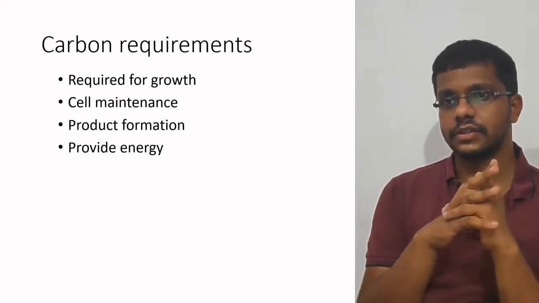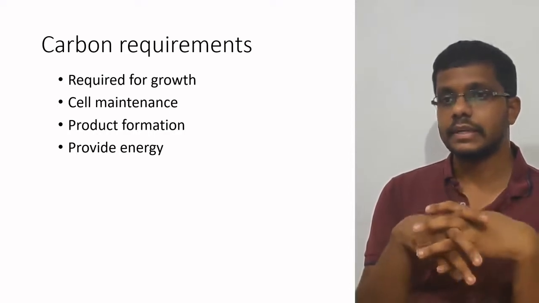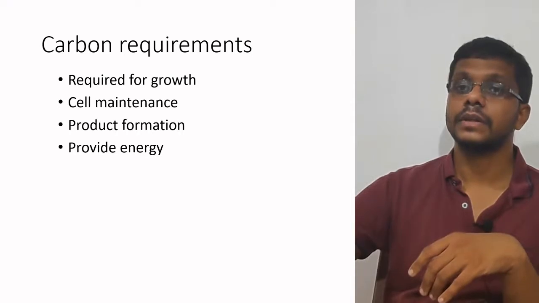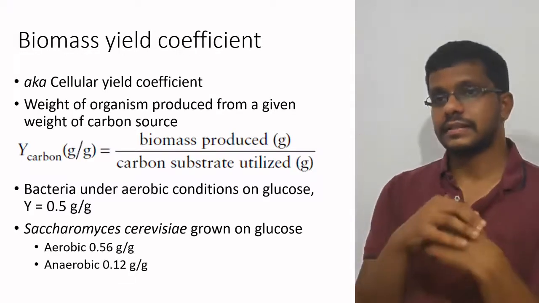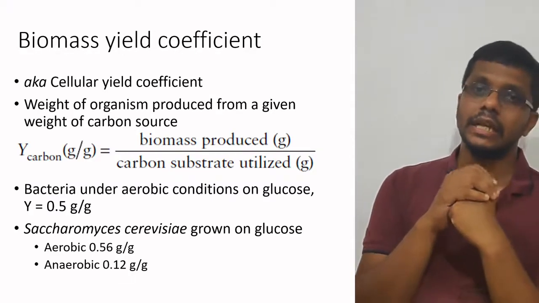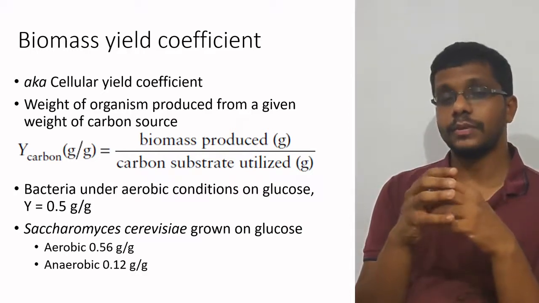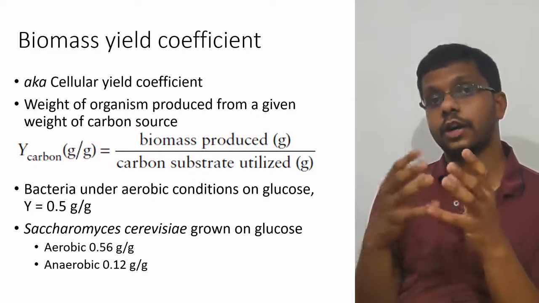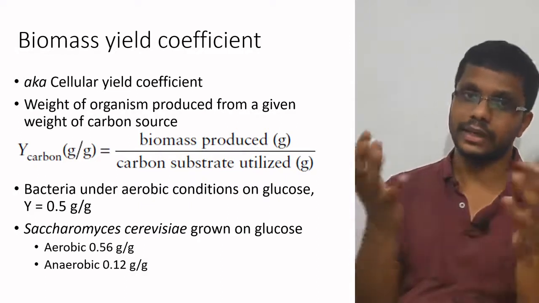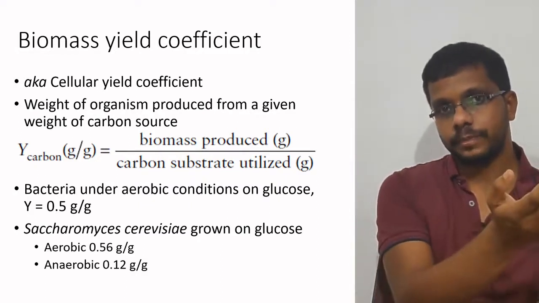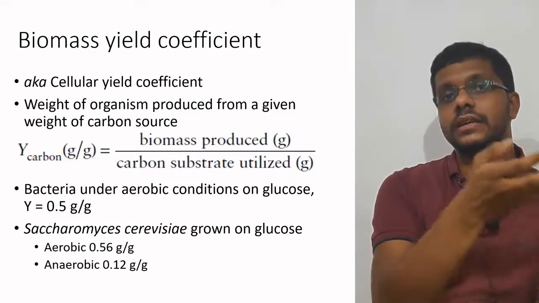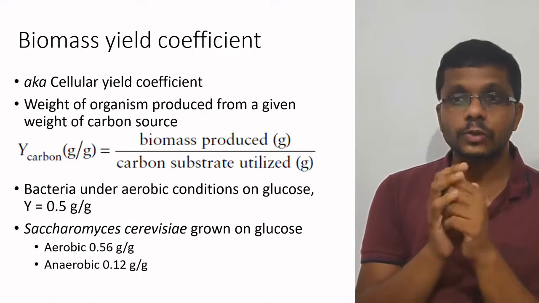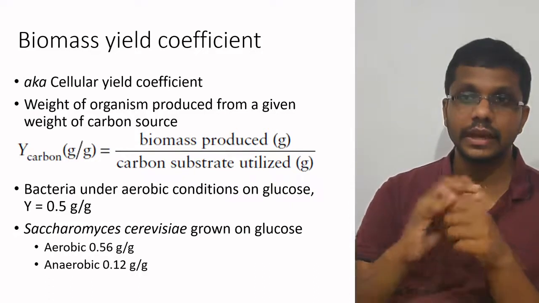So carbon is required for growth, cell maintenance, and product formation, and it also provides energy for the microorganism. One concept is the biomass yield coefficient. Biomass yield coefficient is how much carbon source is utilized by the microorganism and how much biomass is created. It's also called the cellular yield coefficient.